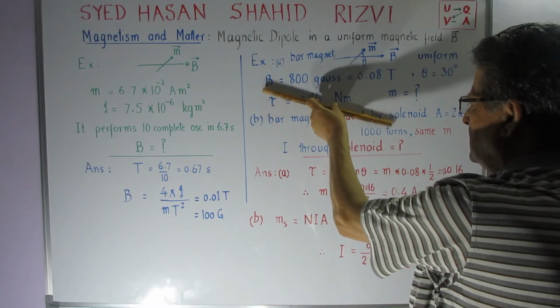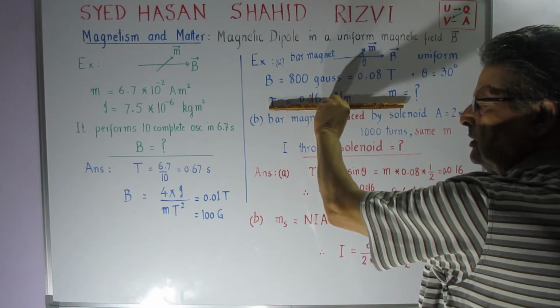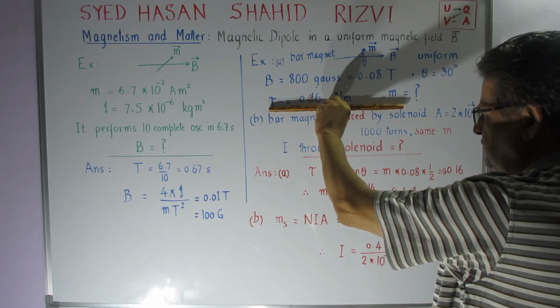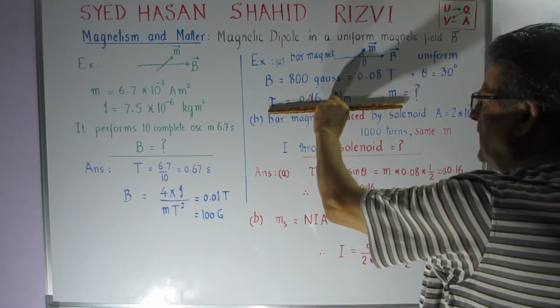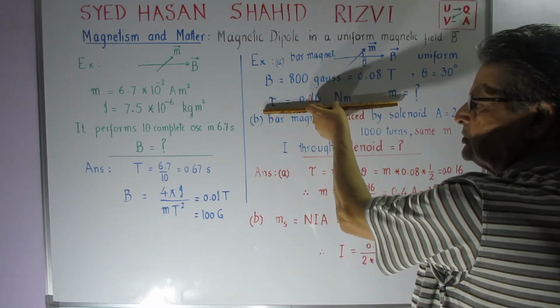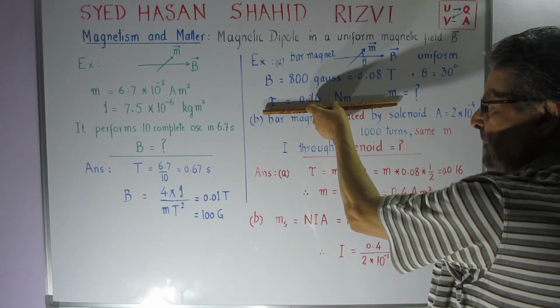So here in the first case it will be equal to minus mB cos of 0, and then for 180 degrees, minus mB cos of 180 degrees, which turns out to be equal to mB.